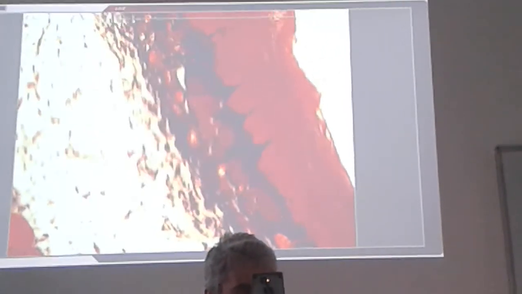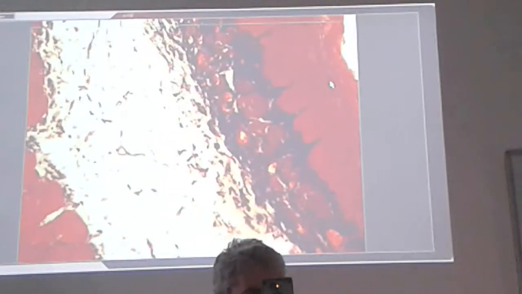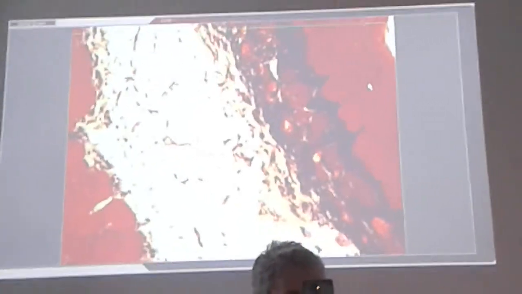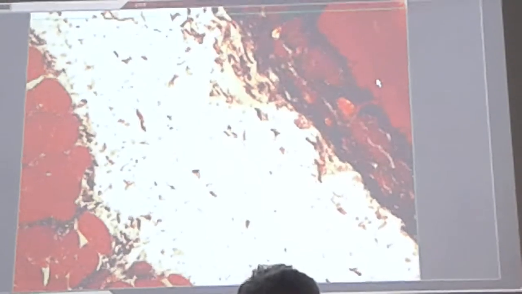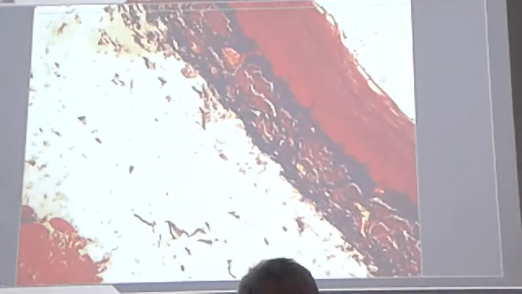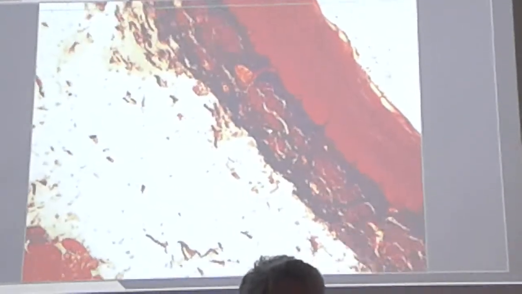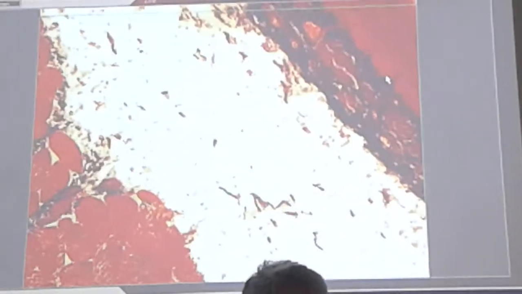As you see, the uppermost are the squamous cells, many cells resting on each other, stratified. At the base, more round nuclei are the basal cells, but the lumen-facing cells are the squamous cells. Then the next layer would be the lamina propria.